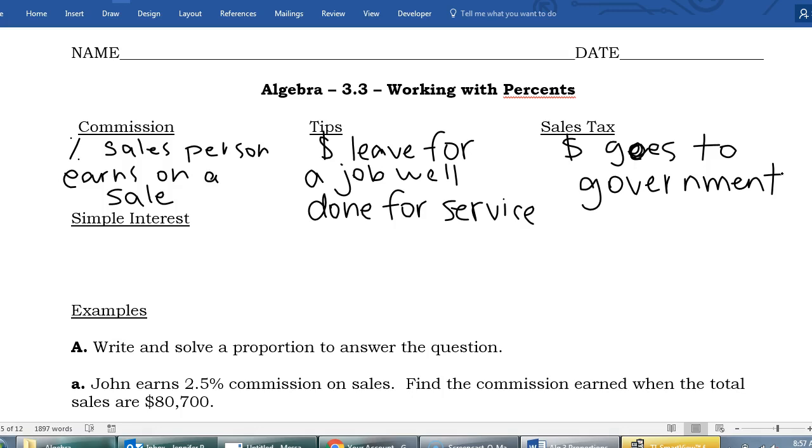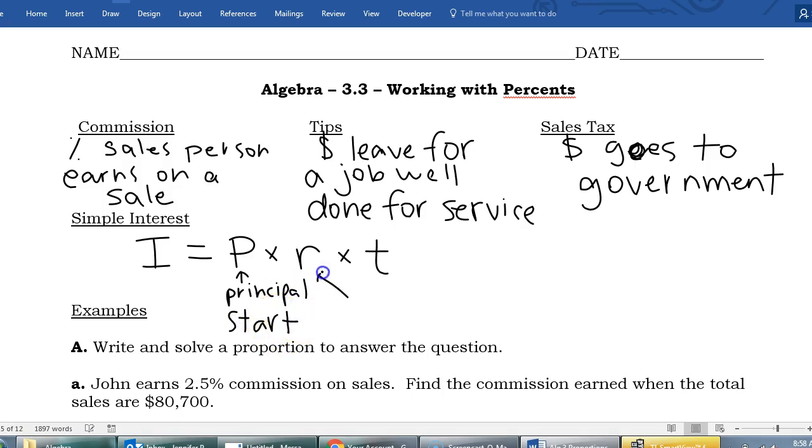I have a formula here for simple interest. To get simple interest, you would take your principal times your interest rate times how much time goes by. Principal is a fancy way to say starting amount. R stands for interest rate. That is usually given as a percentage that you have to convert to a decimal.